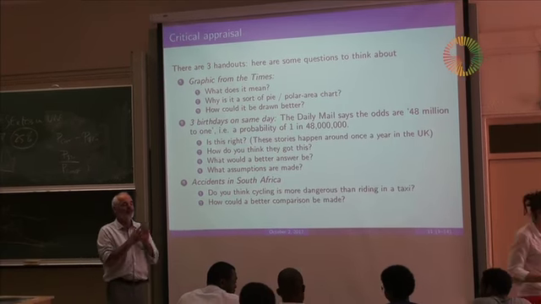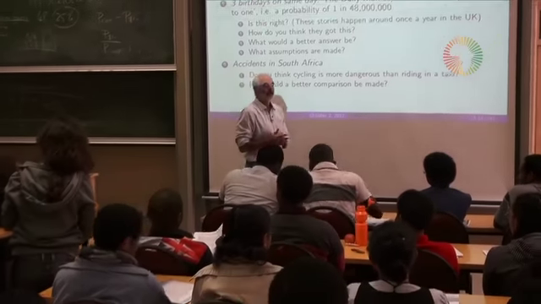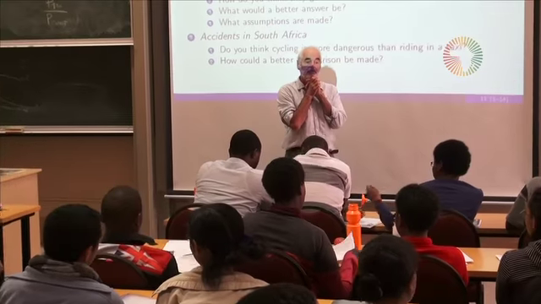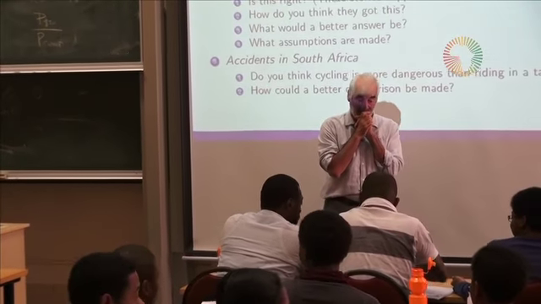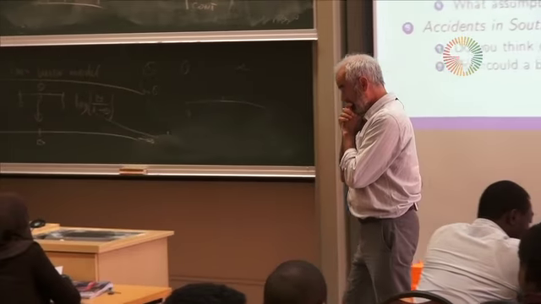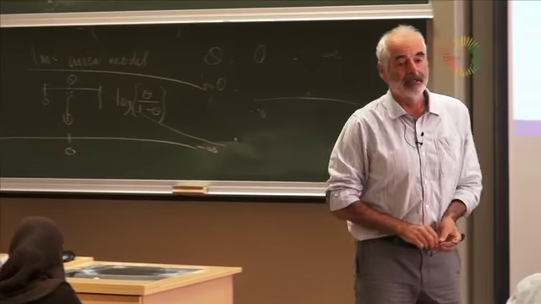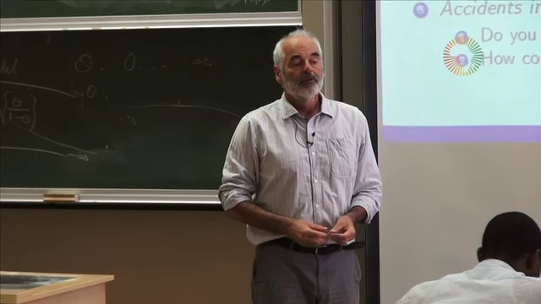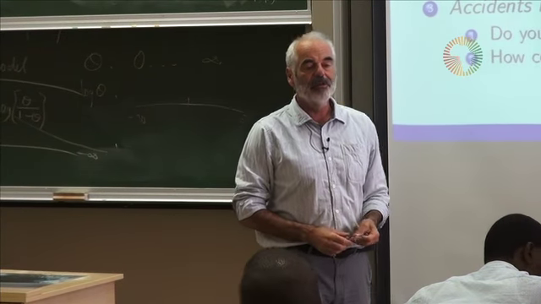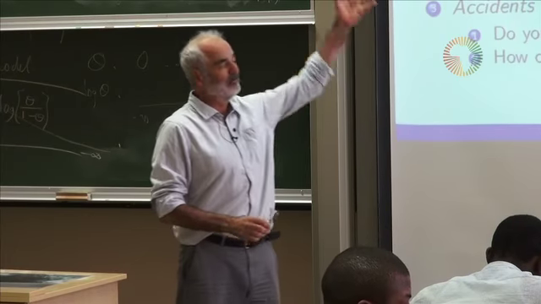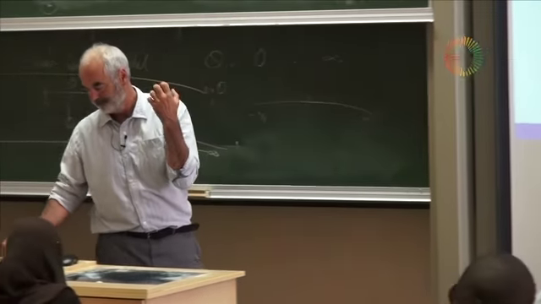You can just choose one story if you want, or you could have a look and then pass it along. So these are 3 stories, and here are some questions I'd like you to think about.